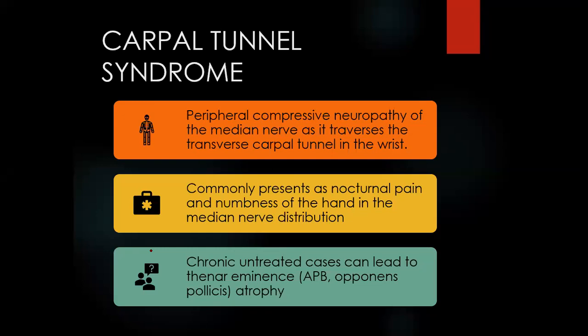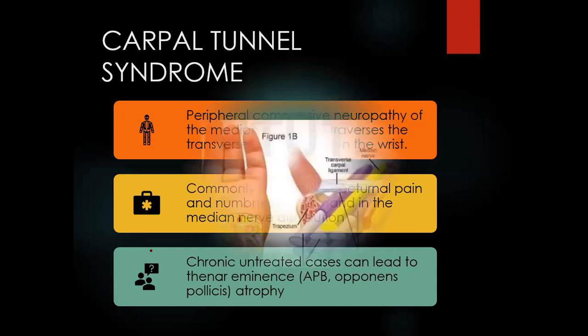That's the classic carpal tunnel syndrome. If it's really chronic, look at the thenar eminence. This portion of the palm may be atrophied, so the muscle could be all weak in there.